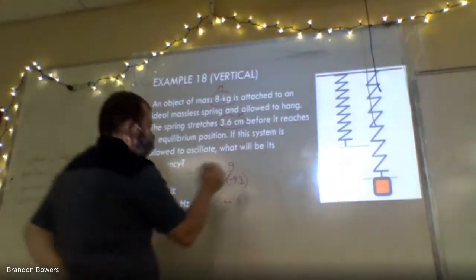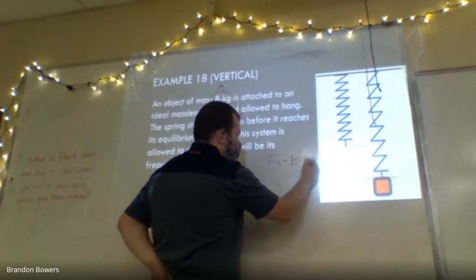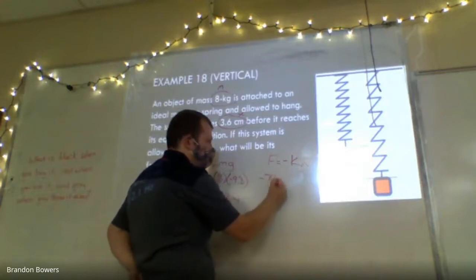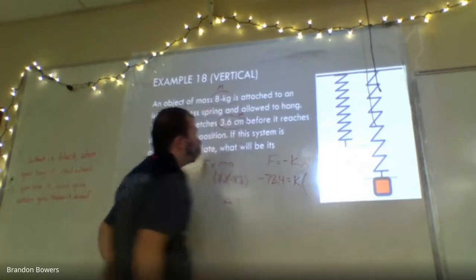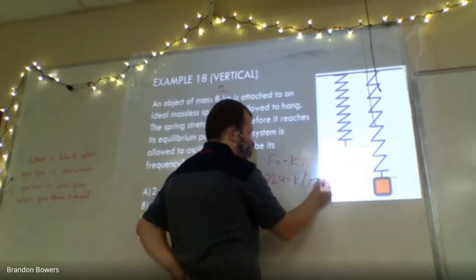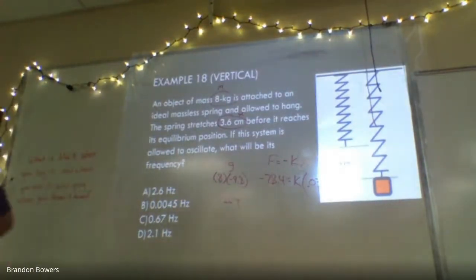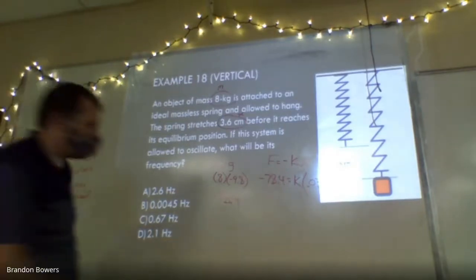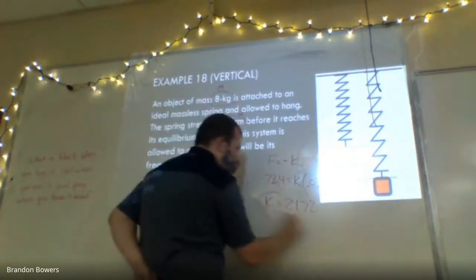So F is equal to negative kx. We know force is negative 78.4. We don't know what my k is, but we do know what x is. What's my x? 0.036. So what's that give me as k? 2,178. Okay, so I have a k value.